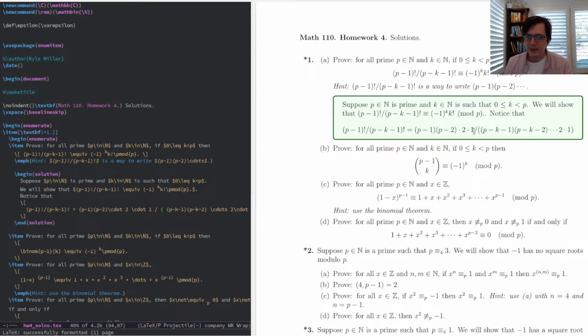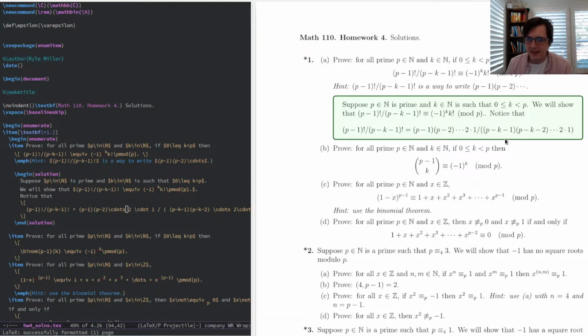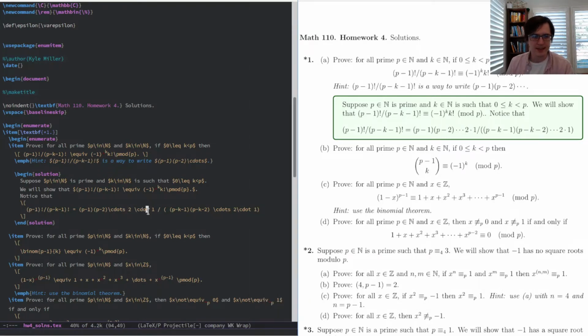So the 1 and 2 cancel out, and then we go up to p minus k minus 1, which cancels out, and so the last term that's not, oh, there should be a c dots in there. I'll re-render it so I point at the right thing. So the last thing that's going to be left is a p minus k.